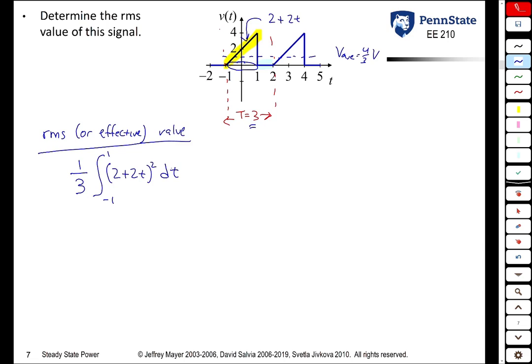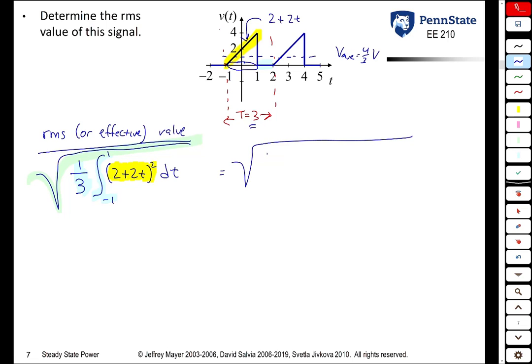So we're going to do that integration. The final thing we want to do is take the square root of it. So notice once again, we're squaring the signal, then we're taking its average value over one period, or its mean, and finally we're taking the square root. So let's do that math.